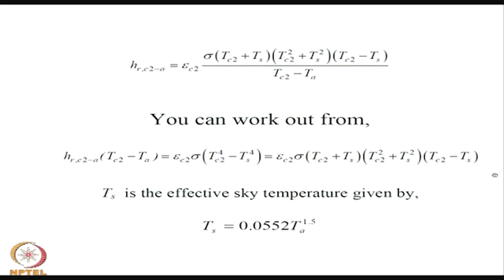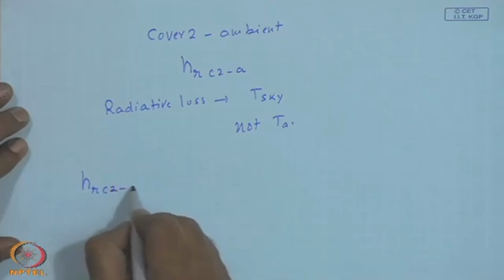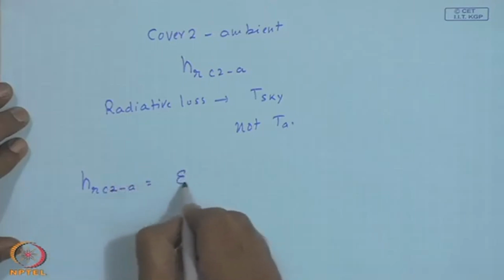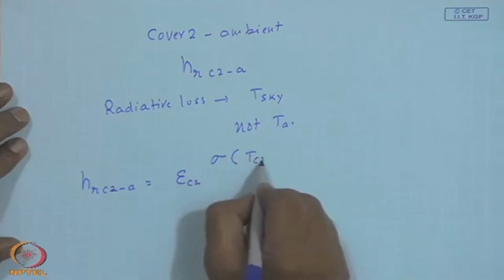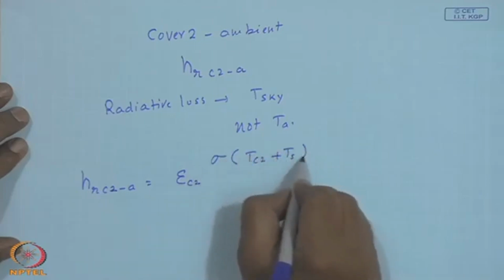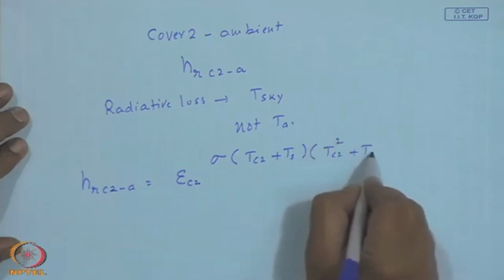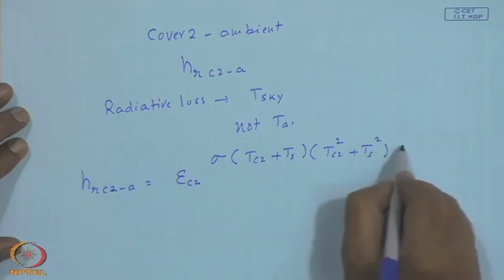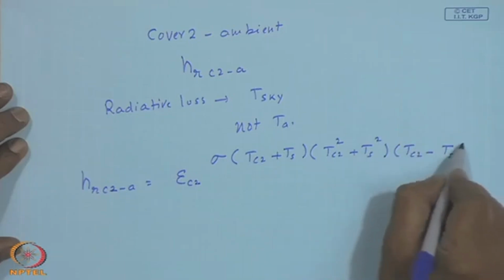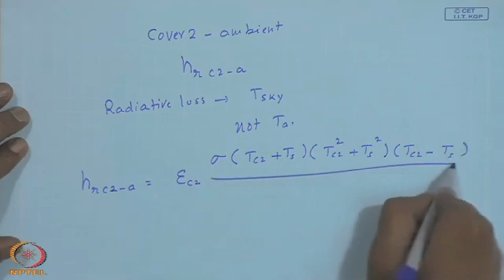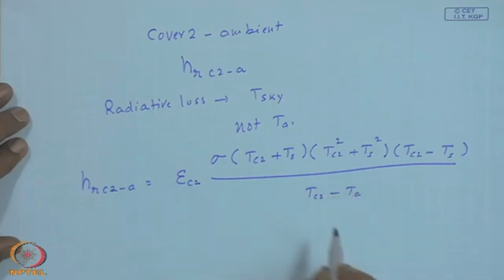So, we can write down H r C 2 a is epsilon C 2 times sigma times (T C 2 plus T s) times (T C 2 square plus T s square) times (T C 2 minus T s) upon (T C 2 minus T a).